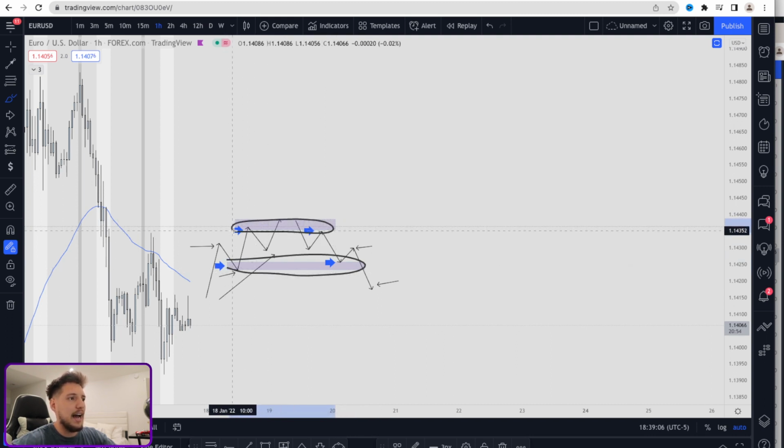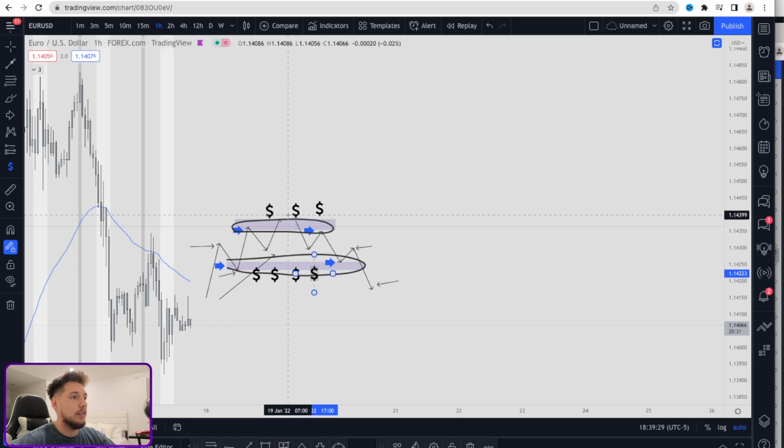Now, you may be asking, isn't the market losing money by doing that? To an extent, they are, but it is considered just a drawdown because they are not looking to hold that trade for a long period of time. They're just looking to do that until they have created enough liquidity, which is provided by you, the retail perspective, because all your stop losses and all the retail stop losses are either above the resistance levels or beneath the support levels.